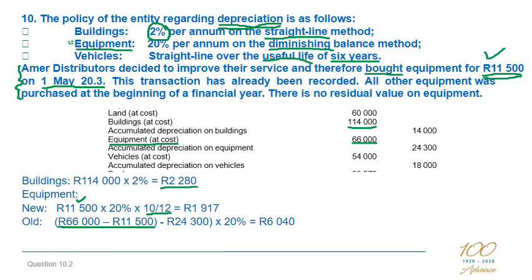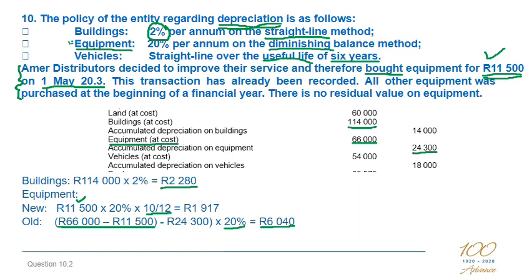Then only can I deduct the accumulated depreciation, which I get from the pre-adjustment trial balance, multiplied with the percentage, and I had this old equipment for the whole year, so times 1, because it's 12 over 12. And that will give me the 6040 for the equipment.